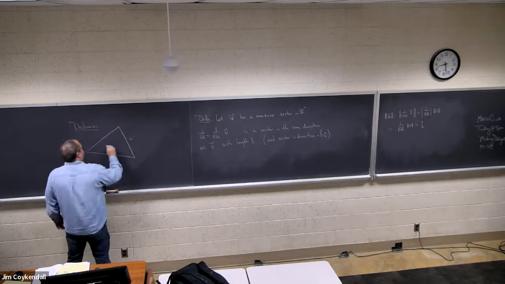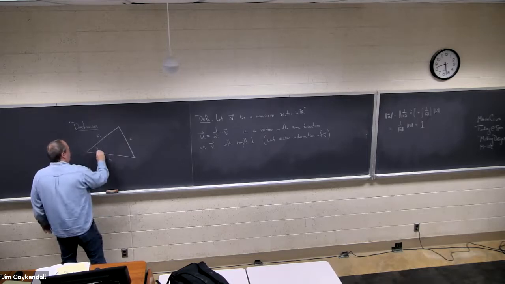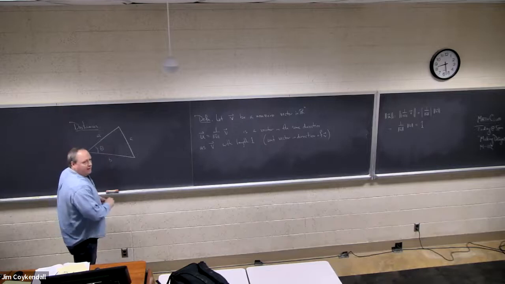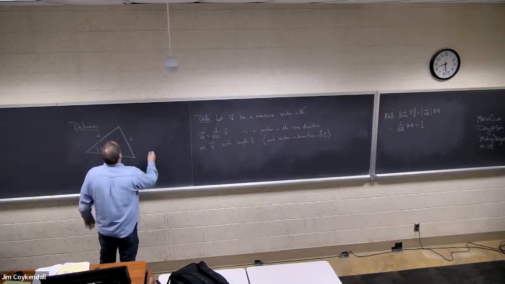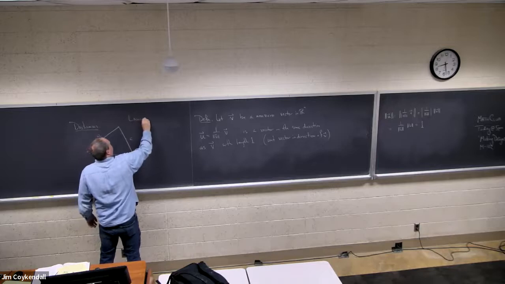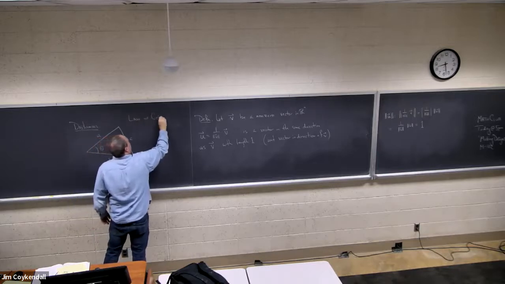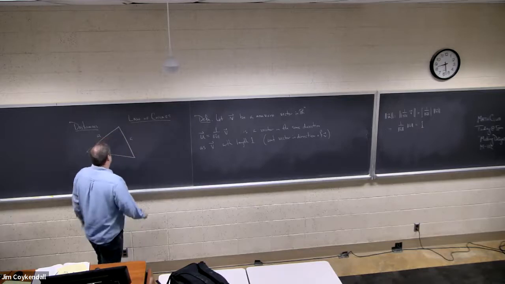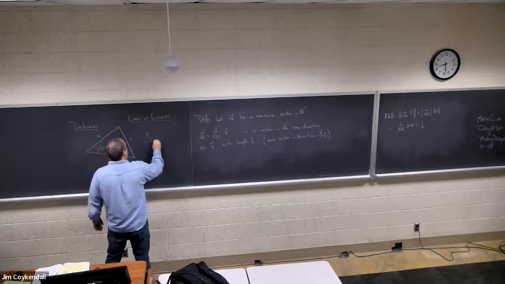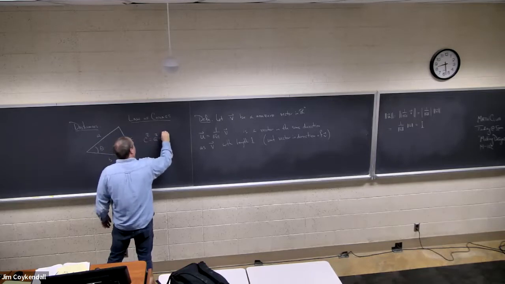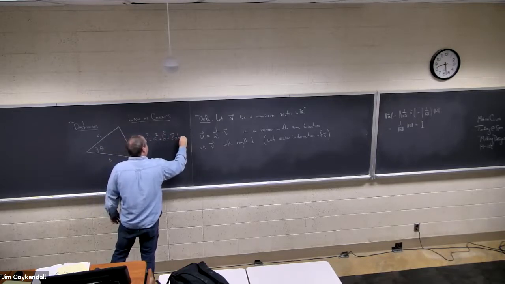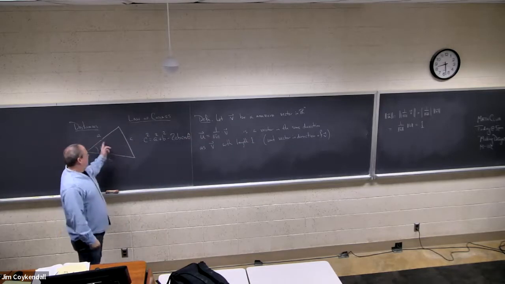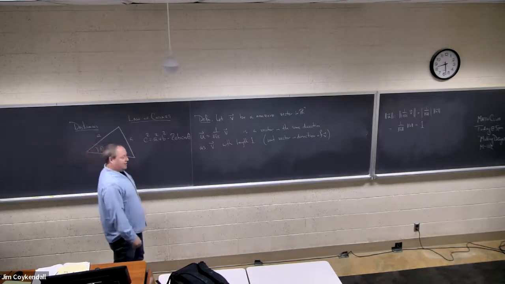So here's what it says. If you have a triangle like this, and theta is the angle opposite C, then C squared is A squared plus B squared minus 2AB cosine theta.